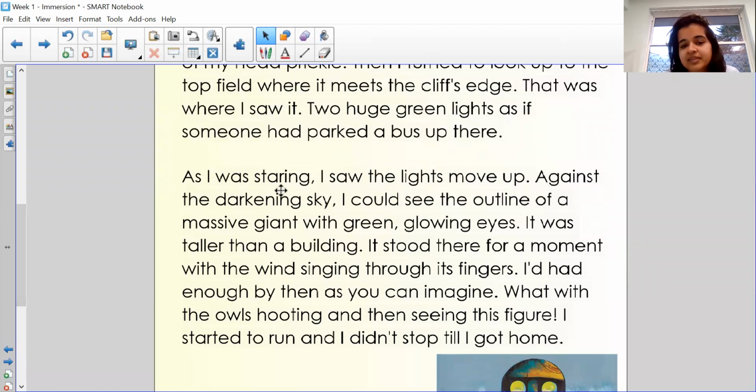As I saw the lights move up. Against the sky, I could see the outline of a giant with green glowing. It was taller than a. It stood there for a moment with the wind singing through its fingers. I'd had by then, as you can, what with the owls hooting and then seeing this figure, I to run, and I didn't stop till I got home.